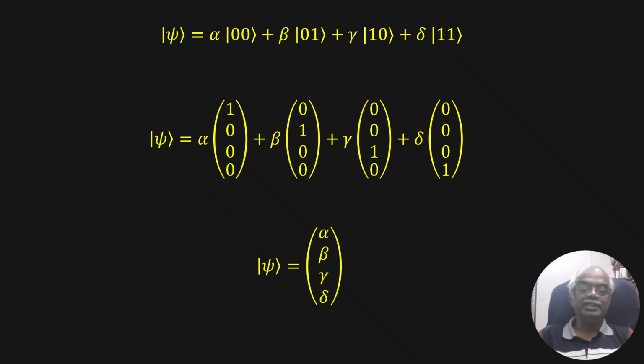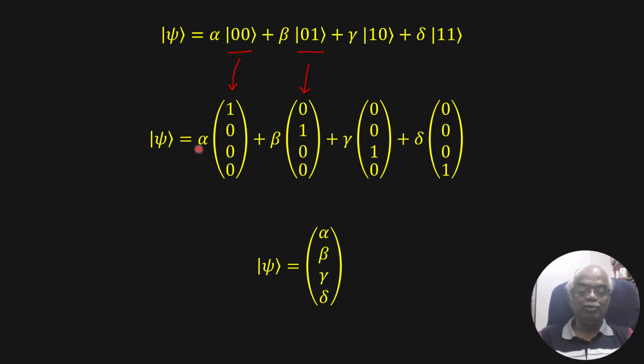Just now we have seen the ket 0,0 can be written in the column matrix form 1, 0, 0, 0. Similarly, the ket 0,1 can be written as a column matrix 0, 1, 0, 0.